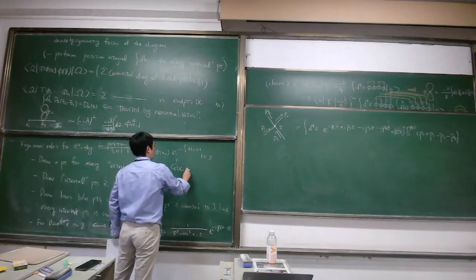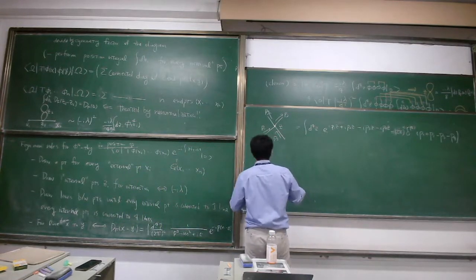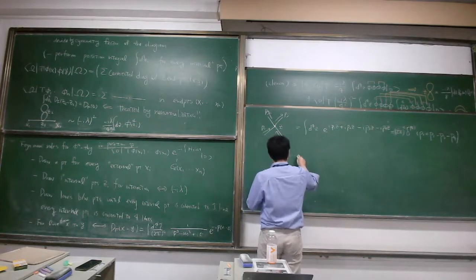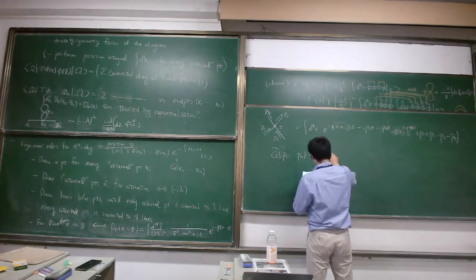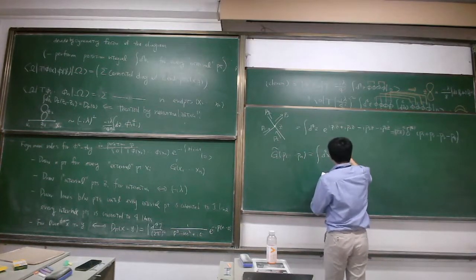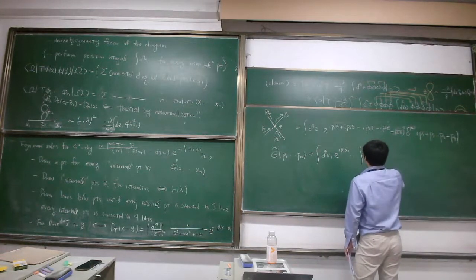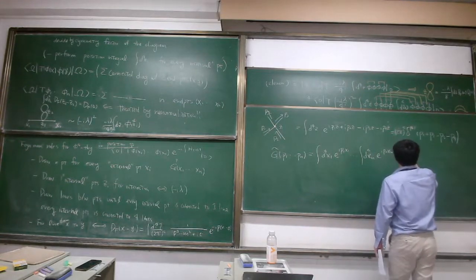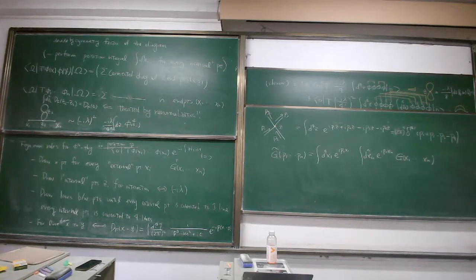It's a function of the external points, and we can perform the Fourier integral of this. If you do the Fourier integral, the rule becomes much simpler.